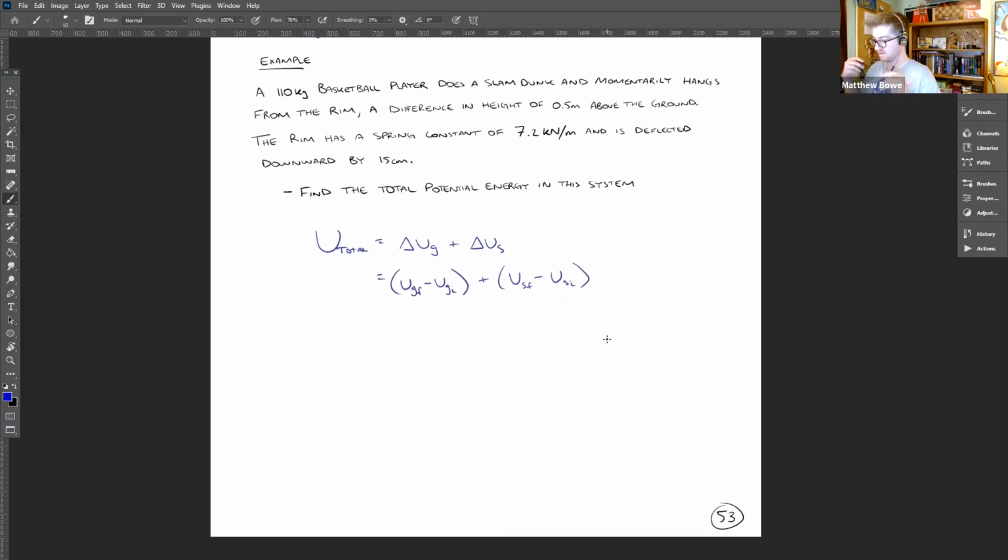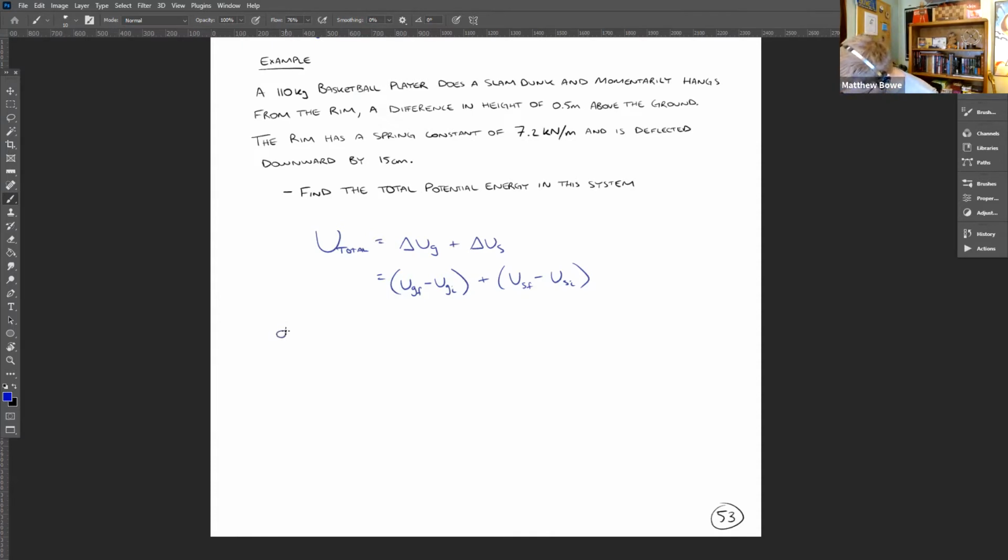For the initial case, the problem starts out with this person already having made the shot and hanging there. We're going to say that the initial case was when this person was already on the ground, right before they made this shot.